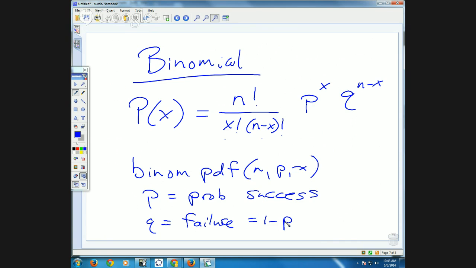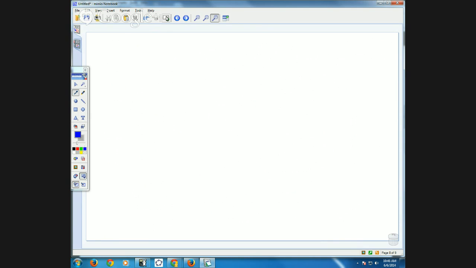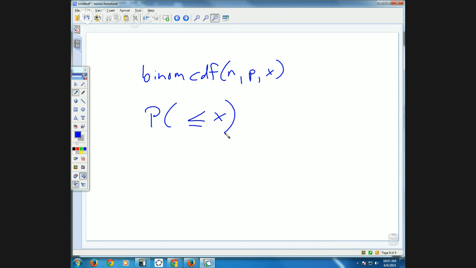A PDF just finds a single value. CDF would be, let's see, new page. So the binomcdf for n, p, x would be the probability of being less than whatever that x value was, or less than or equal to, sorry. Well, that would be a left tail.